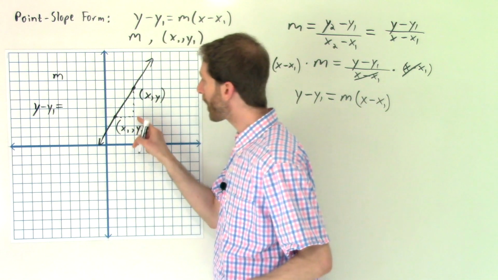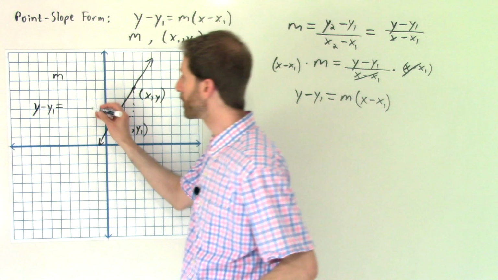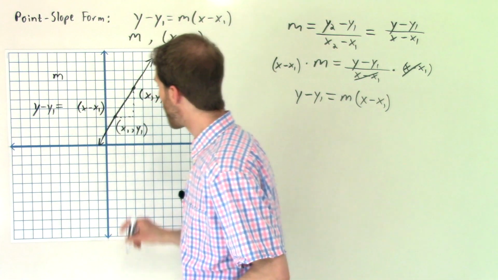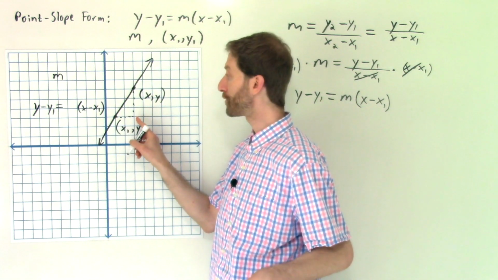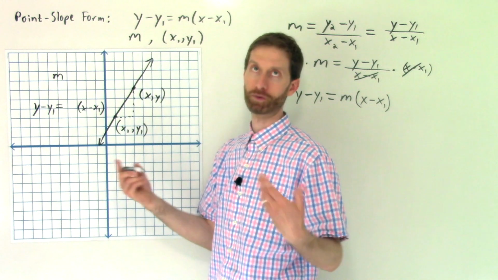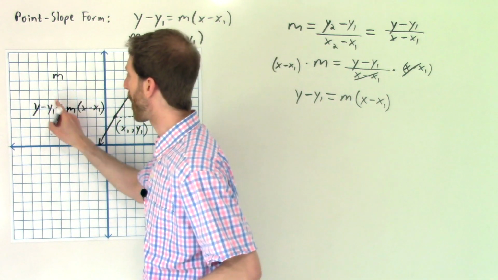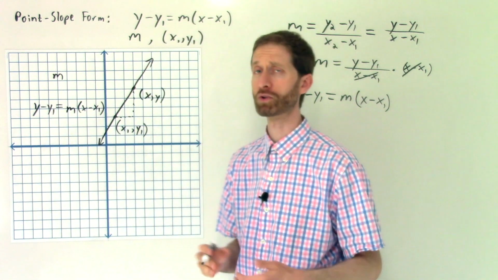Well, how do we figure out how much we've risen? We take how far we've run, which is x minus x1, and multiply how far I've run by how fast I'm running, rising over running, and I will get how high I've climbed, or how much I've risen.